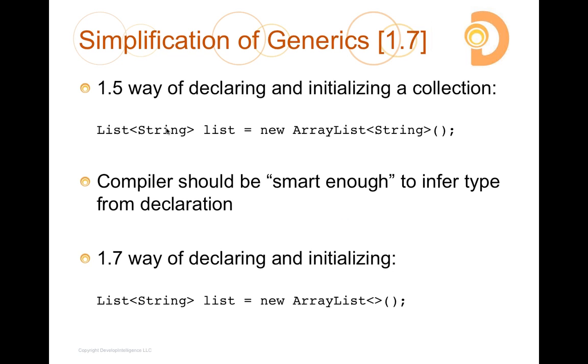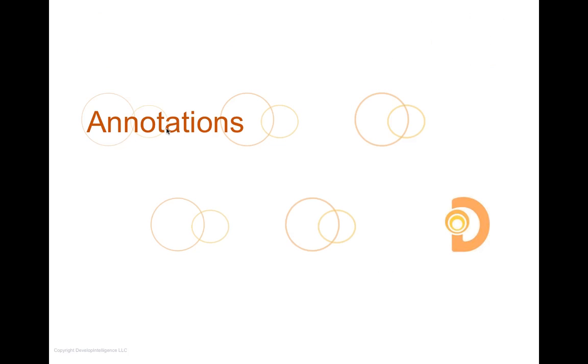The second example, which is the third bullet, shows you how to create a type-safe collection of strings in that list representation. What's going to happen is that the compiler is going to say, I'm smart enough to infer the type and do that quote-unquote heavy lifting for you. That's an example of how the diamond operator in 1.7 has been simplified.